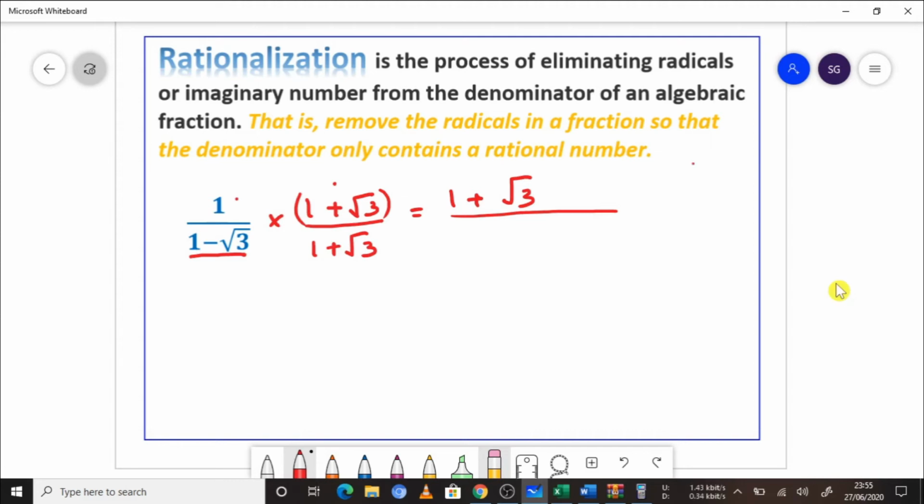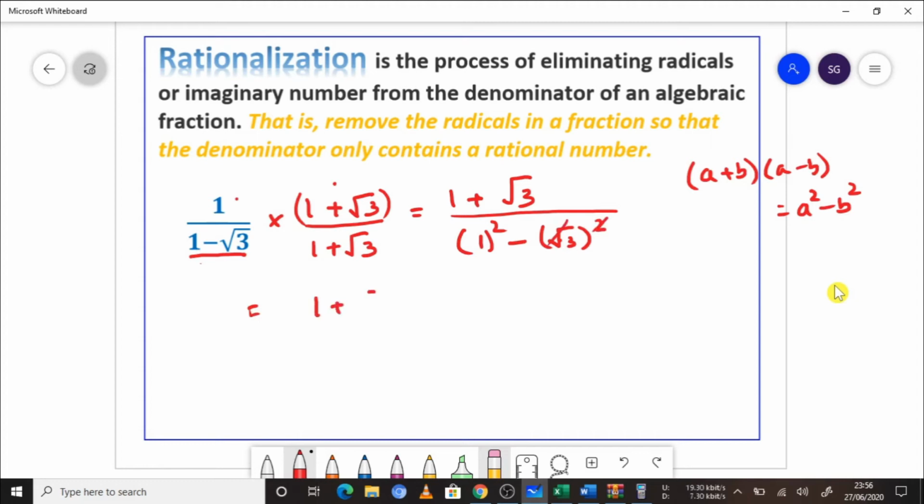That's the same identity that I'm going to use. A plus b times a minus b, and your answer is a squared minus b squared, the difference of two squares. So here we have 1 minus under root 3 and 1 plus under root 3, so I'll write 1 squared minus under root 3 squared, and this square and square root are reciprocal powers, so they cancel out.